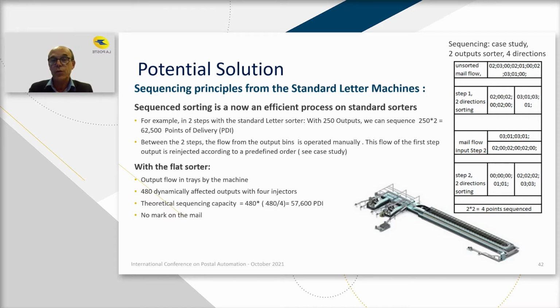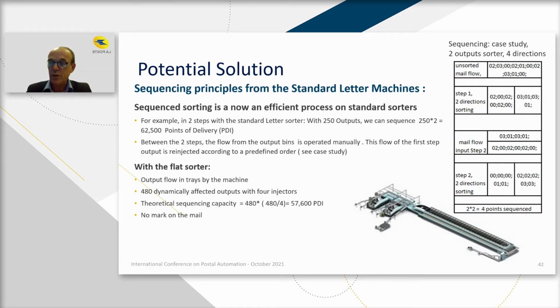With this machine, we should theoretically be able to sequence about 50,000 points of distribution, the same value as for the standard letter machine. But some particularities also have to be pointed out.